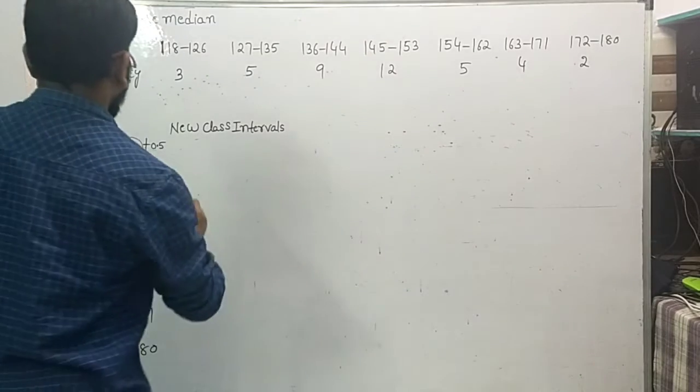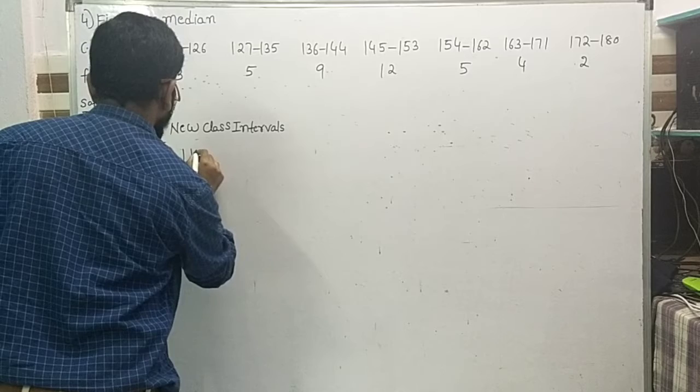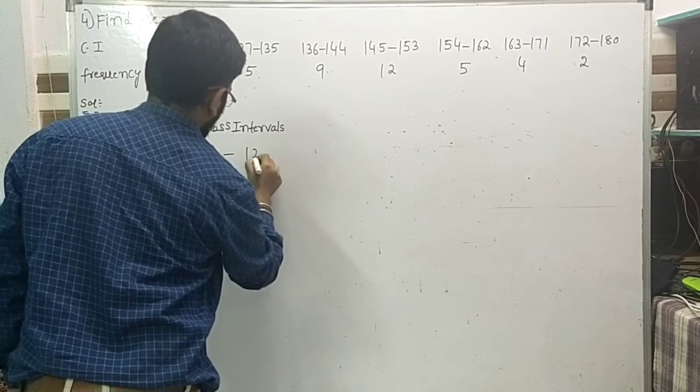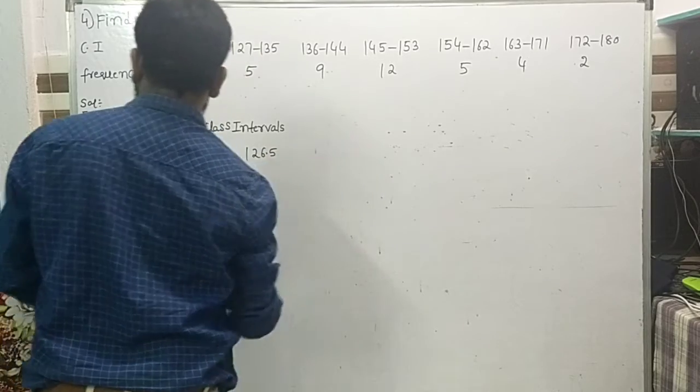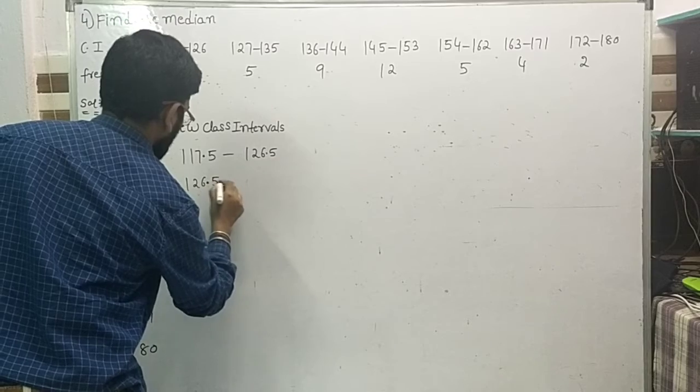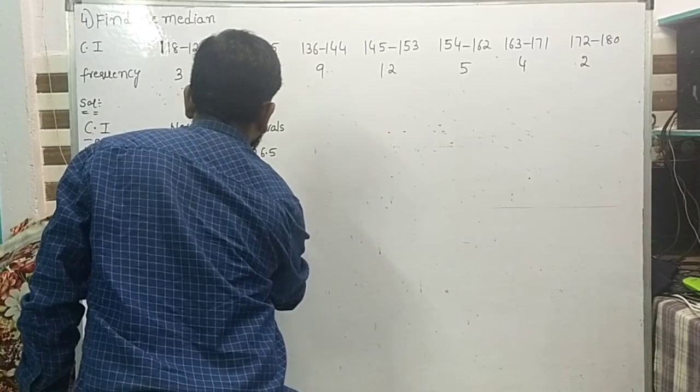Here, after the subtraction: 117.5 to 126.5. And here 127 means 126.5 to 135.5.